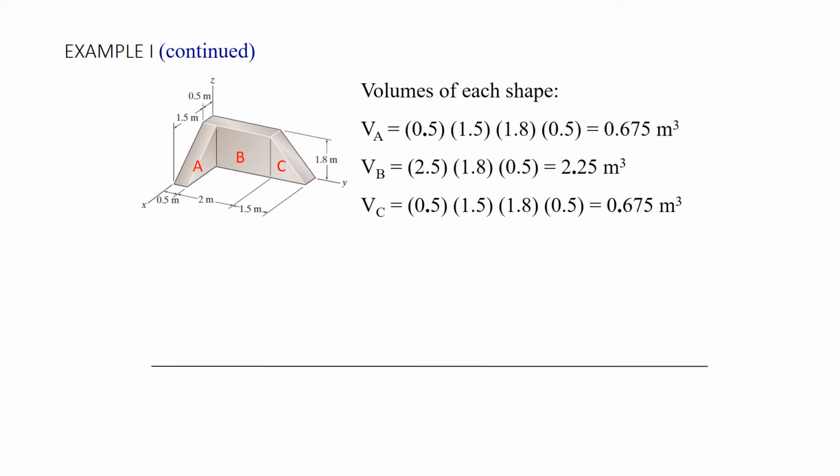For the volume of the triangular slab C, we take its thickness, 0.5, times its length, 1.5 meters, times its height, 1.8 meters, times the 1/2, because it is a triangular slab. And for that slab C, we again get a volume of 0.675 cubic meters.